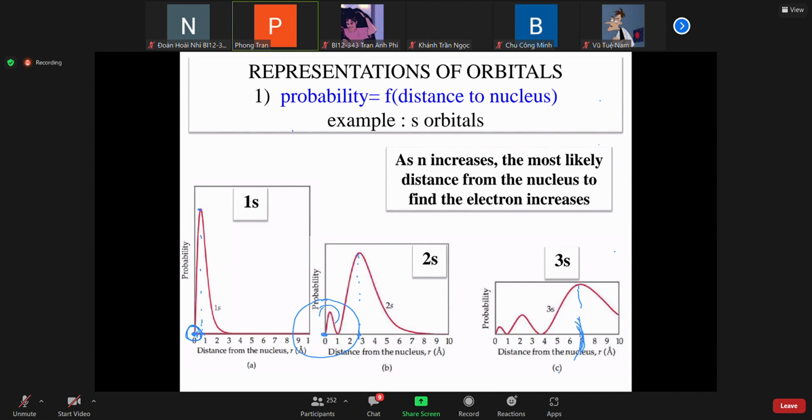So in general, you can say the orbital 2s has a bigger size than 1s and a smaller size than the 3s orbital. But it doesn't mean you would not find an electron near the nuclei for the orbitals 3s and 2s.